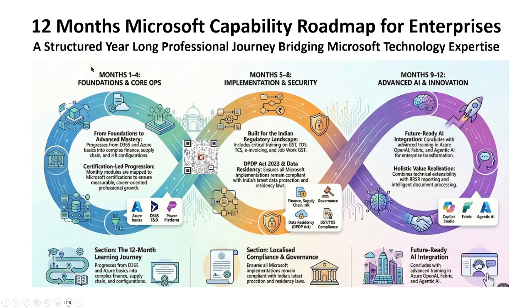So here you see that we have divided this 12-month Microsoft capability roadmap for the enterprise into three loops. The first loop is 1 to 4 months where the foundation and the core operations are set. We are using cloud, Azure, Dynamics 365 Finance and Operations and the Power Platform. We are progressing from D365 and Azure basics into the complete finance, supply chain and HR configuration there.